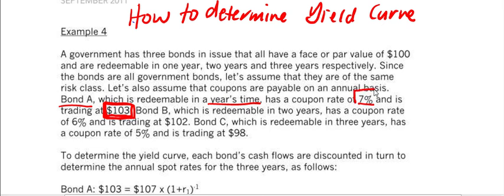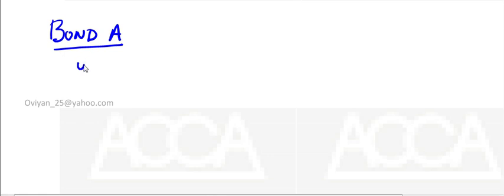They're going to give you 7% coupon after 1 year, and since this is only 1 year's time, you're going to get back your par value of 100. So in other words, you are going to buy the bond today at $103, and 1 year later you're going to get back $7 plus $100, so you're going to get back $107.